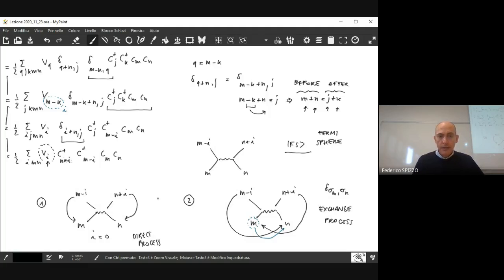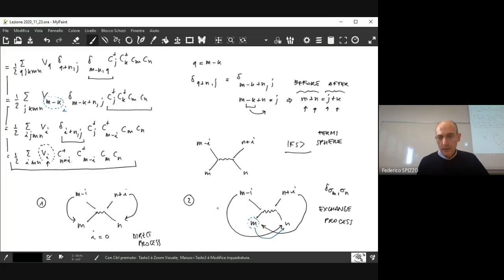What I would like to do now is to start from this expression and see what happens, trying to include in the expression of the operator the number of particles operator. I will first try to describe what happens when I is equal to 0.